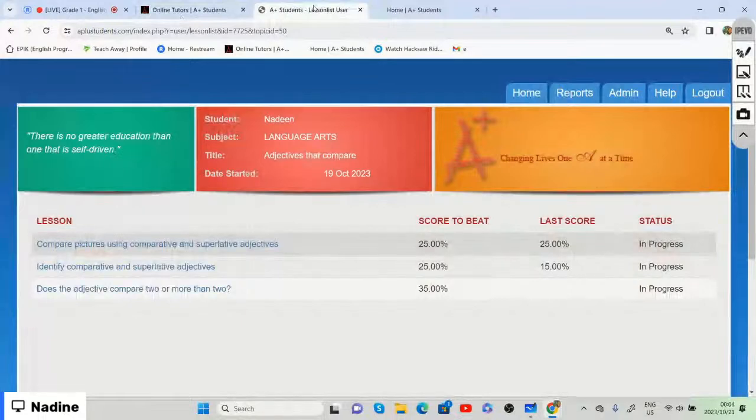In our previous lesson, we started on adjectives that compare, so now it's going to be a continuation.